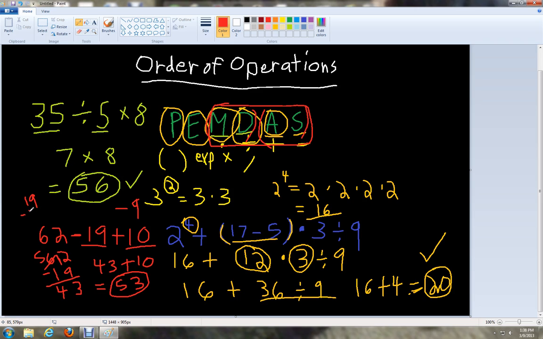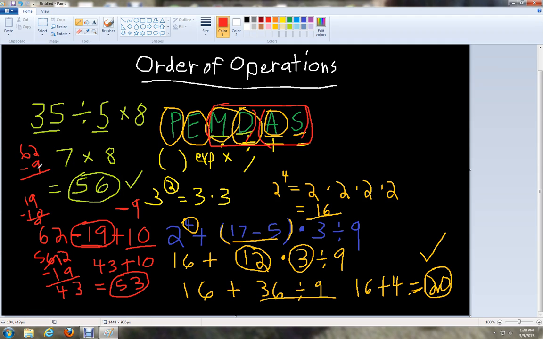So 19 minus 10 is 9, but since 19 is the larger number and it's negative, that means it's negative 9. And then you do 62 minus 9.